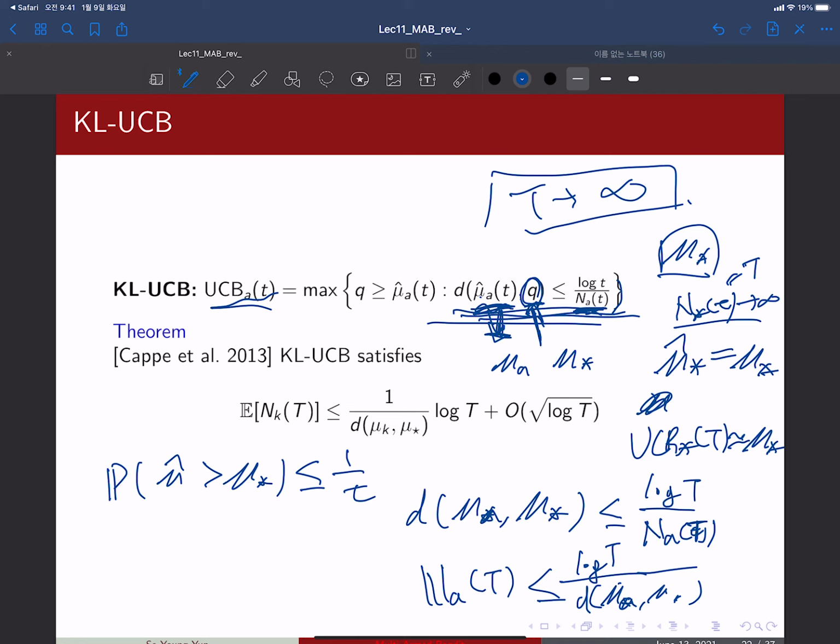We really make this probability less than or equal to 1 over t, and then the summation of 1 over t is log t, and log t is not important because we already have this term from the exploration.